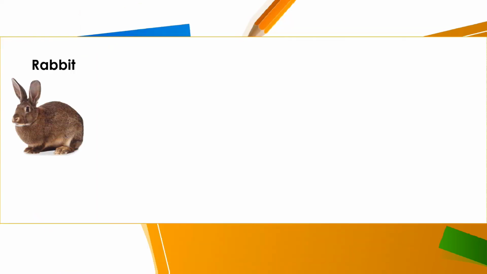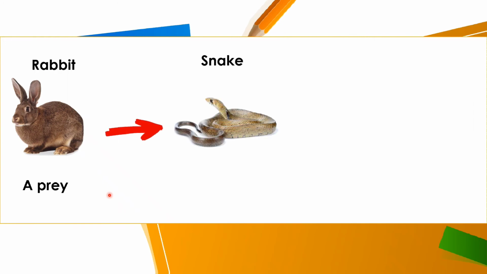Let's have this one. We have the rabbit. The rabbit is a prey. And then we have the snake. The snake is a predator. When you say predator, the snake will eat the rabbit. So meaning the rabbit is prey and the snake is a predator.